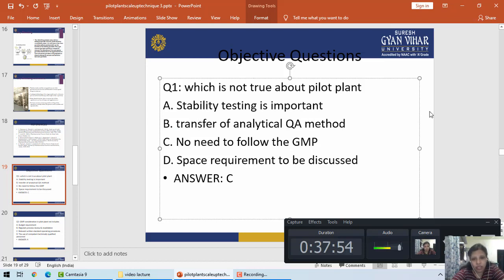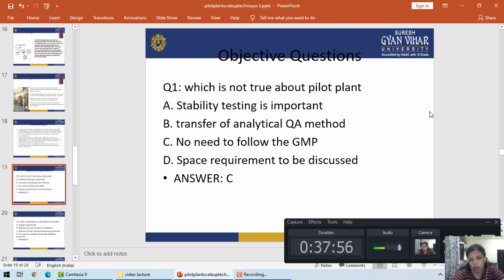So the first question is: which is not true about pilot plant? Just focus on not true. Stability testing is important. Transfer of analytical and QA method is important. No need to follow the GMP. Space requirement to be discussed. The very obvious answer is no need to follow the GMP. It is not true about the pilot plant, because we have discussed a lot that GMP is essential for pilot plant scale up.